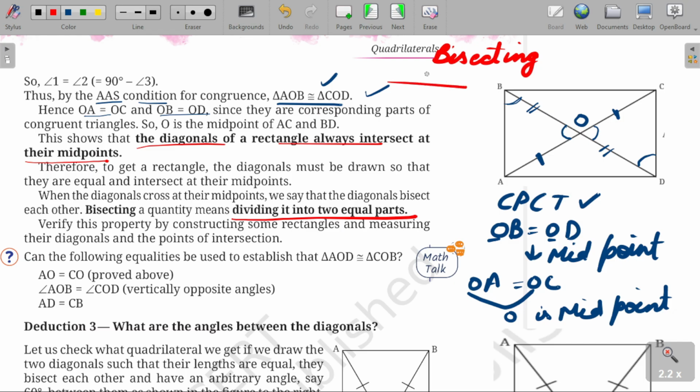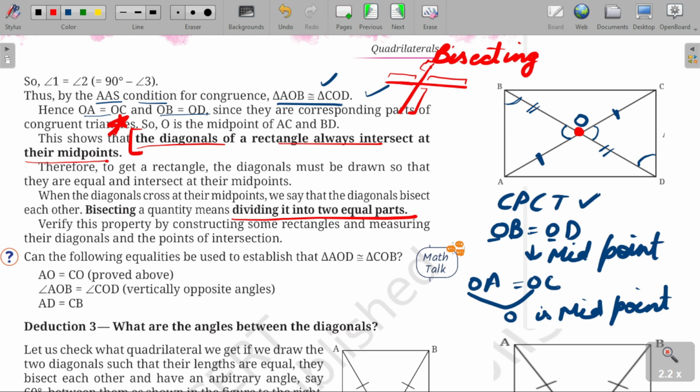Right? If one line is bisecting another line, that means this portion of the line is equal to this portion, and this portion of the line will be equal to this portion. Getting that? This is called bisecting. So here we come with another major point about rectangles, that the diagonals of a rectangle always intersect at their midpoint. This is the midpoint. So the answer to what is the point of intersection of two diagonals: the point of intersection is the midpoint.